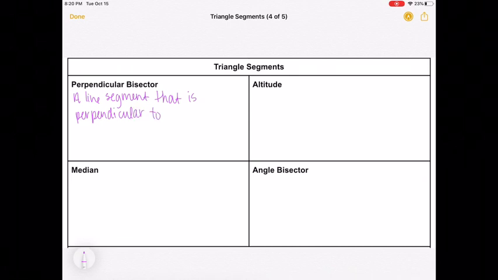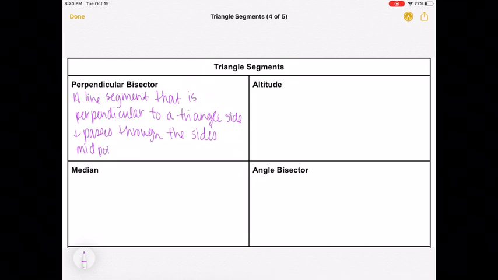And again, we'll draw a picture here in a minute, further down.